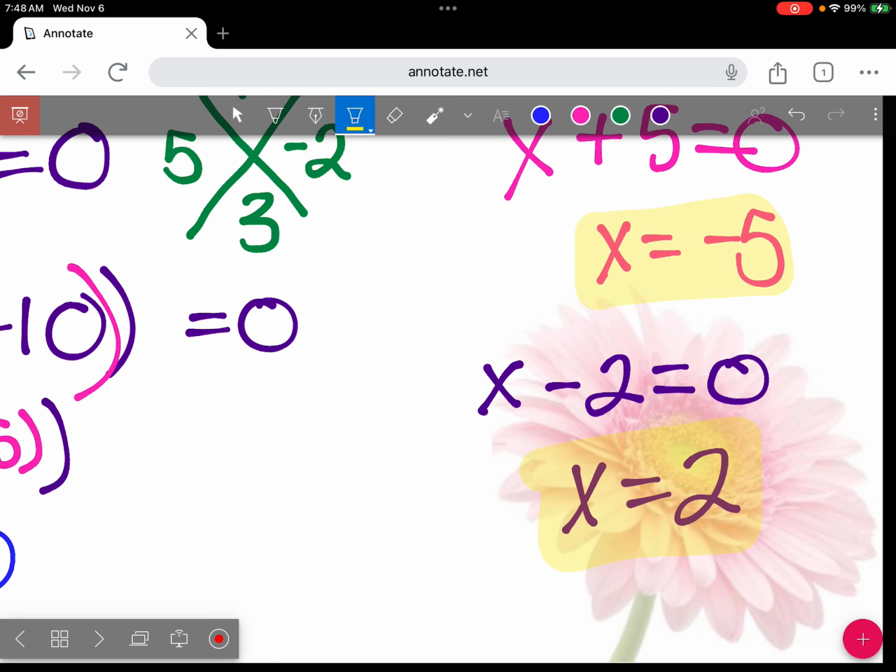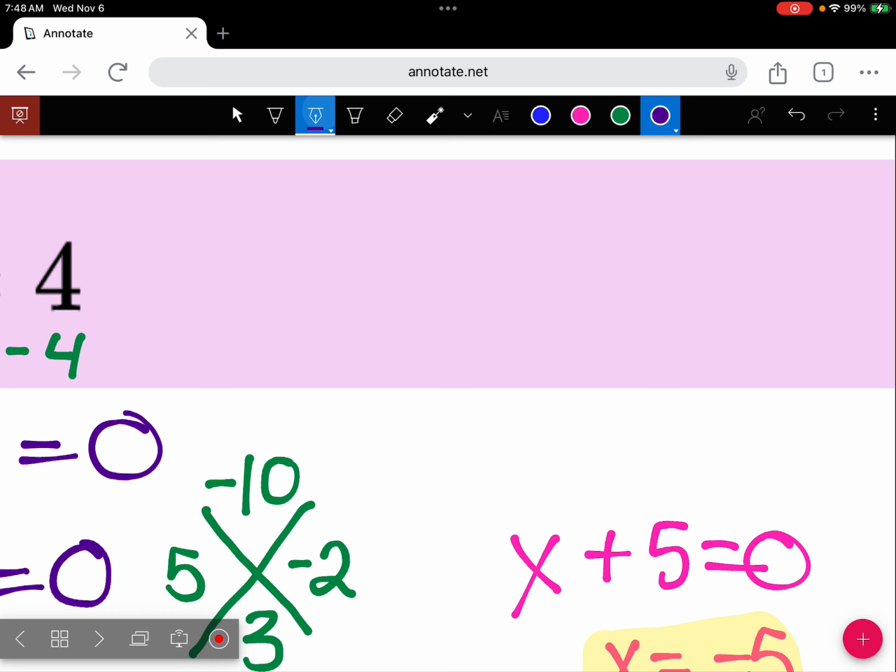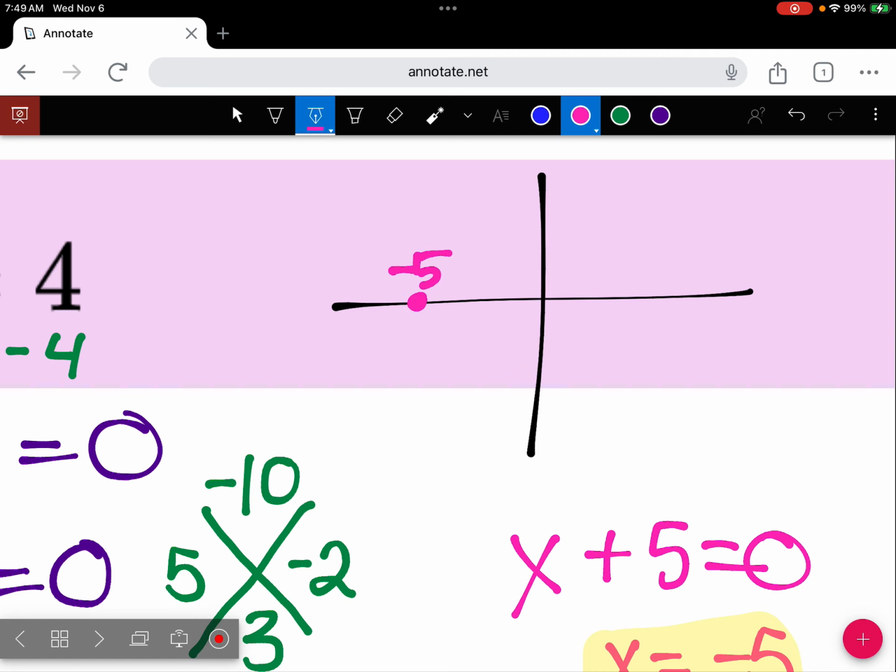So what are we going to do with these x's? What's the point? Those are finding our x-intercepts. If I was to graph this, that would tell me where the points are. So -5 is this guy right here, and our +2, I'd have a point right there.